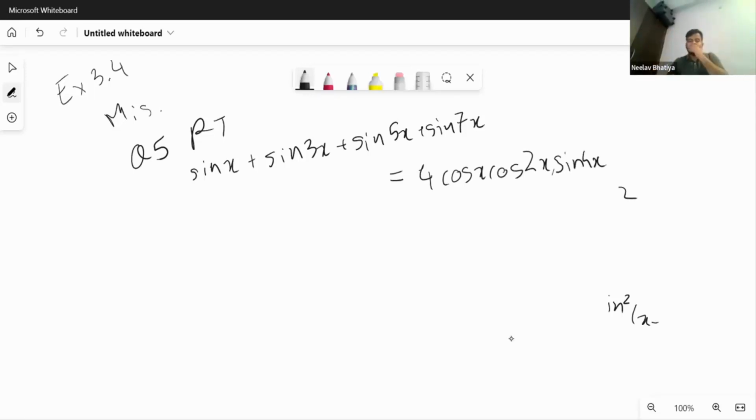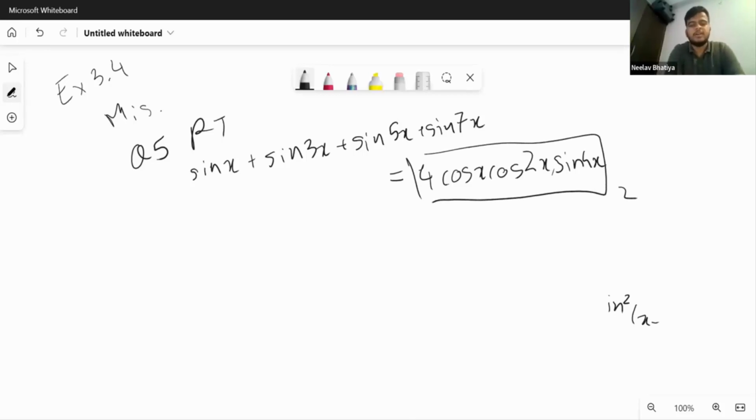Whenever you see questions of this type, try and figure out how you're going to take something out common. When you take something out common, you can apply the formula of sin c plus sin d again and again, and reduce all these terms into a single term. That is something you should think about while solving this question.